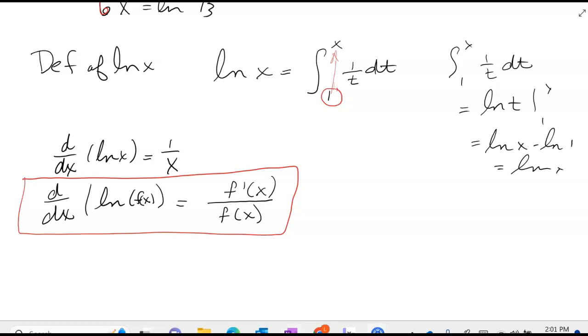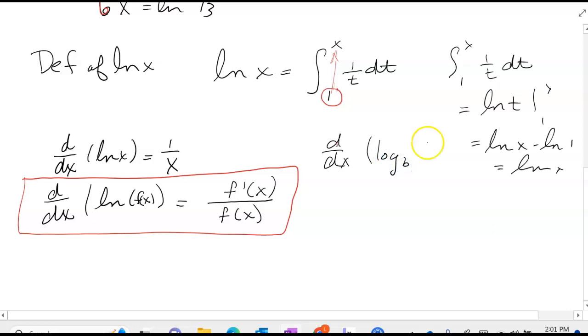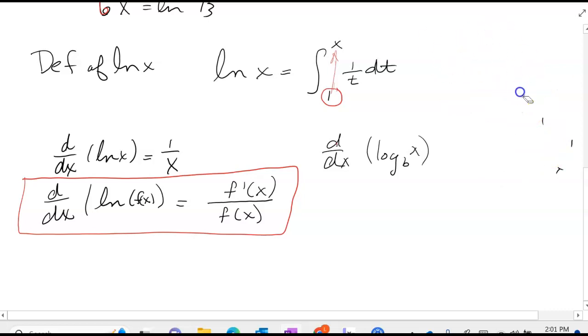Then we can generalize it even further, because ln is a very specific type of log. So do you recall how you do d/dx of log base b of x? Let me get rid of this off to the side here, and take a look at a more general log function.